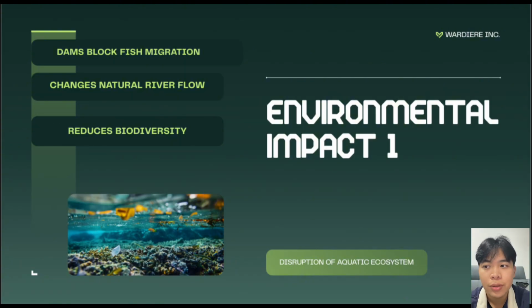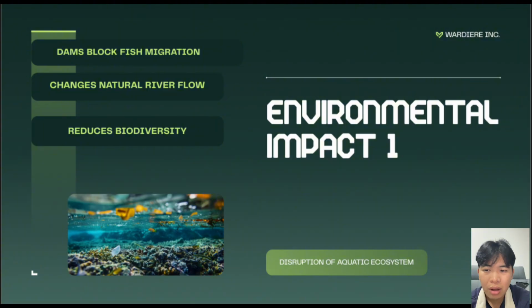Environmental impacts 1. Disruption of aquatic ecosystem. Dams block fish migration, change natural river flow, and reduce biodiversity. The environmental impact of a hydro dam is the disruption of aquatic ecosystem.